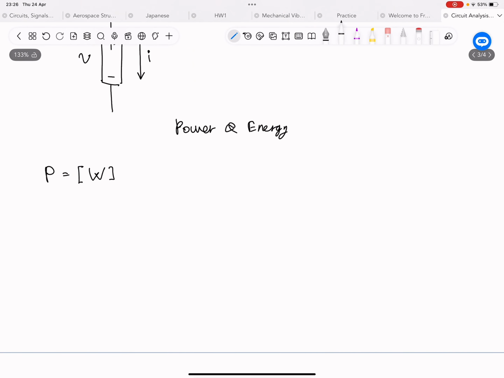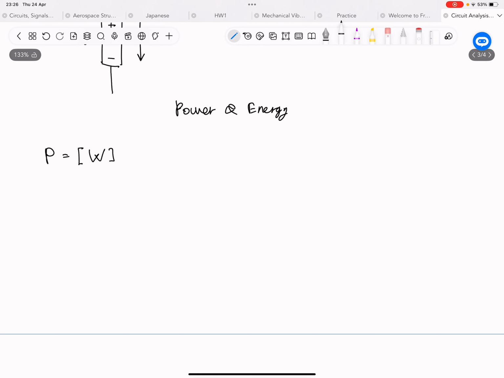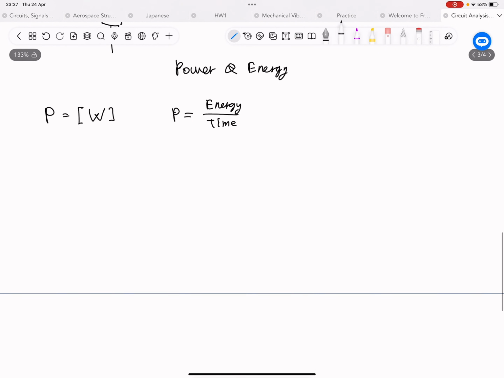Physically, power is an energy flow. It has a formula of energy divided by time. So power is energy per time, or in other words, a flow of energy. For example, power can be 10 joules per second, 20 joules per second, 1 microjoule per second, for instance.